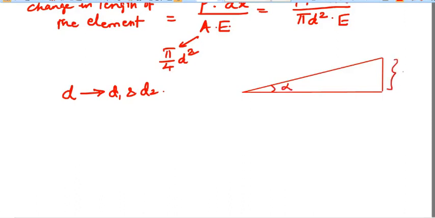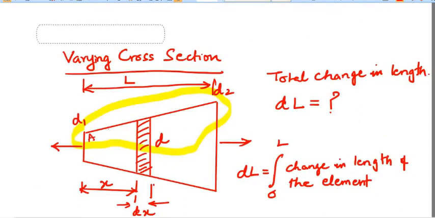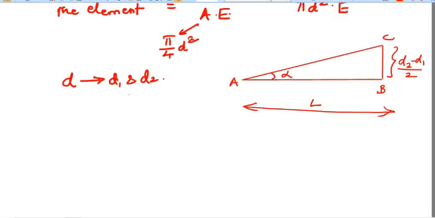This value is (D2 minus D1) by 2, and the total length is L. Take this triangle as A, B and C. When you draw a horizontal line like this, here you will be having B and here you will be having C. So in triangle ABC, tan alpha is given by opposite by adjacent, that is (D2 minus D1) divided by 2, the whole term divided by L.